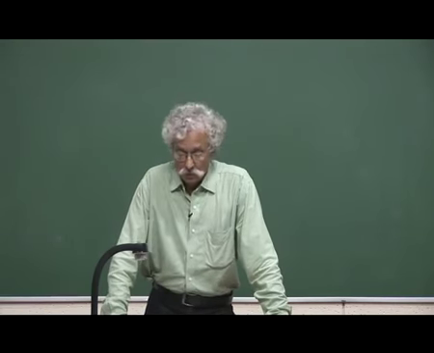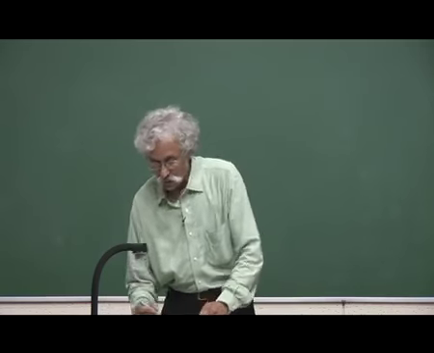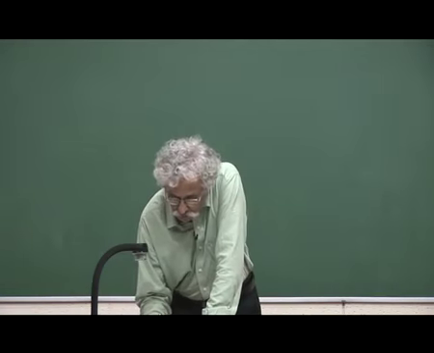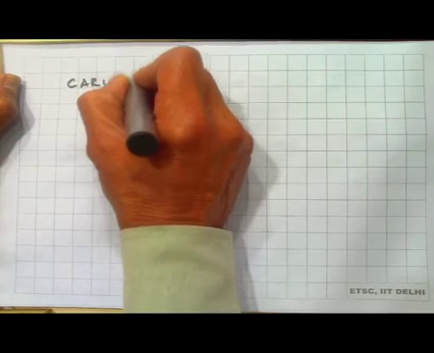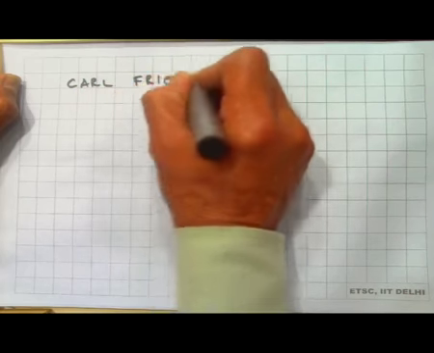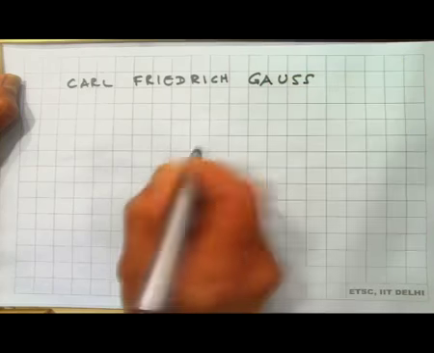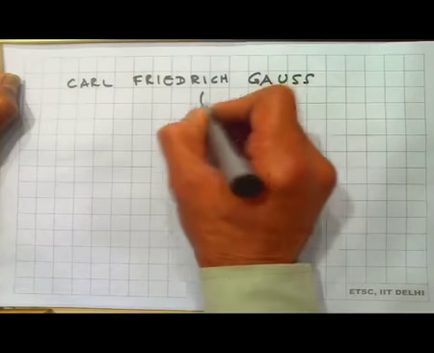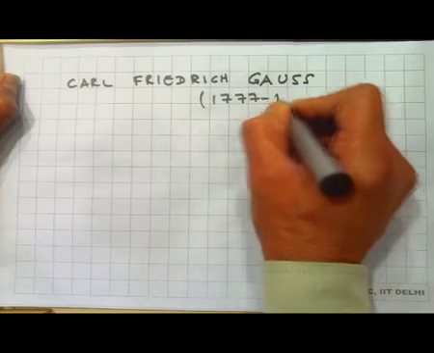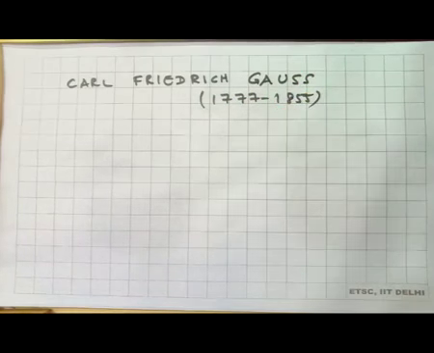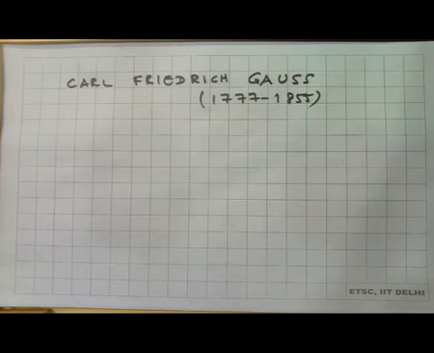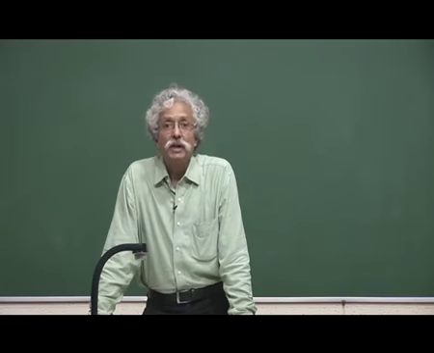So this particular question was answered by a very famous scientist, Carl Friedrich Gauss, a German scientist who lived from 1777 to 1855. He is a great scientist who has contributed to many fields including mathematics, astronomy, optics, electricity and magnetism, statistics, surveying, and geodesy.